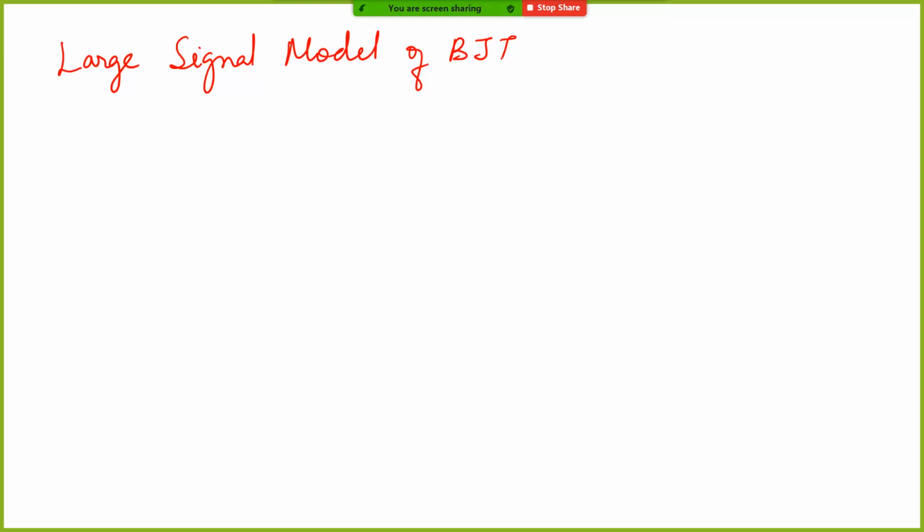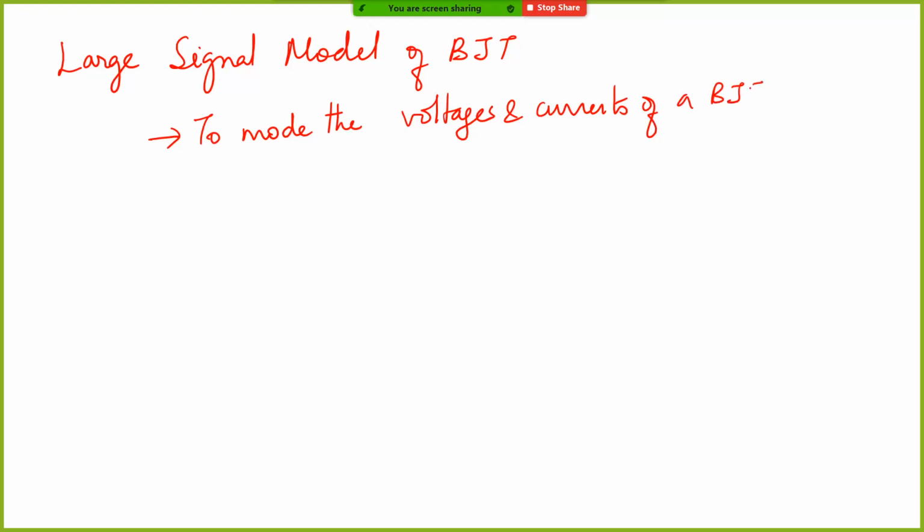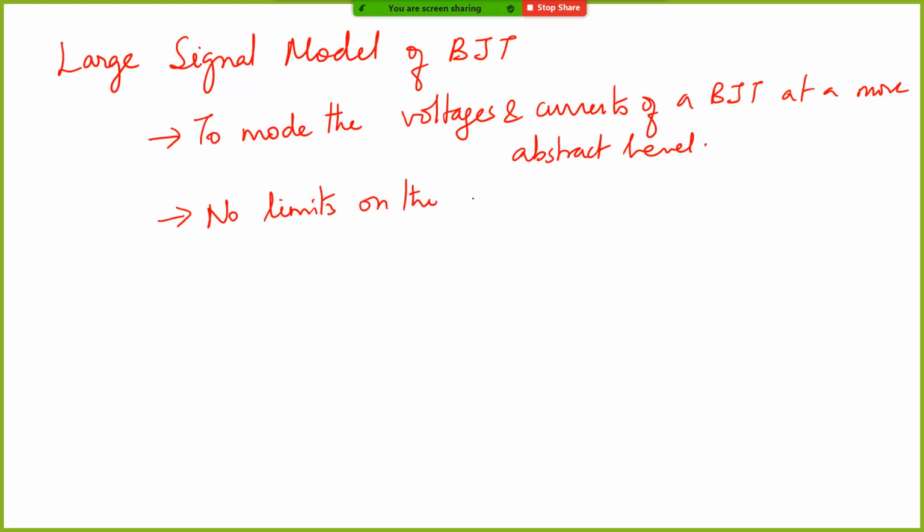So basically, what is a large signal model? It is to model the voltages and currents of a BJT at a more abstract level, where there is no limit, let me put it like this, no limits on the absolute or relative values of the V's and I's.